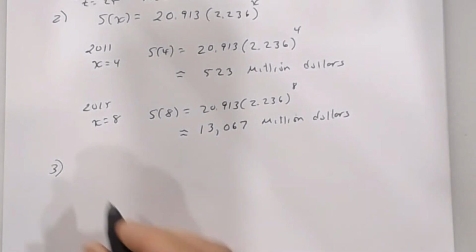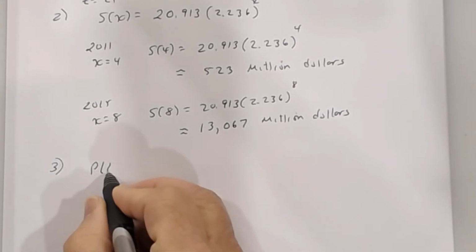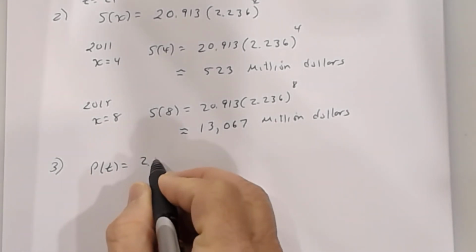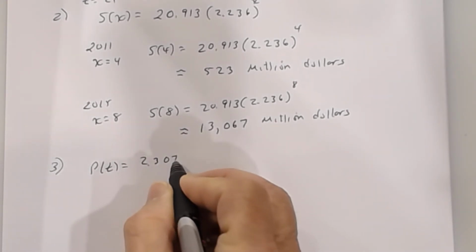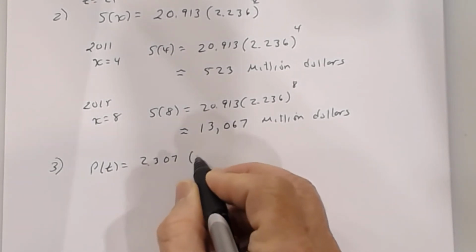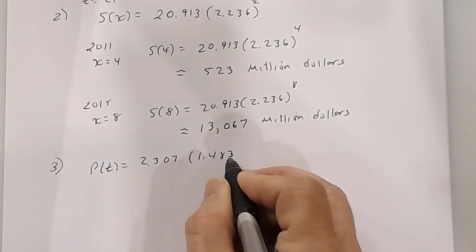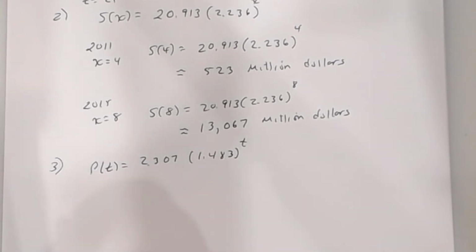The exponential function, P of t, which equals 2.307 times 1.483 to the t power, where t is the number of years after 2004, models this increase in millions of users. Estimate the Skype users that could be online concurrently in 2005, 2009, 2012, to the nearest million users.